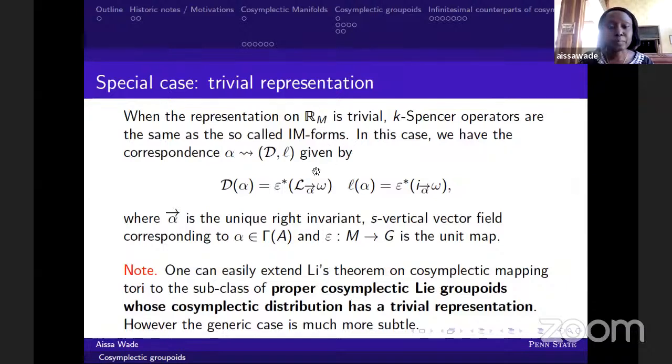So the correspondence is a one-to-one correspondence given by these equations here. So alpha is a section of A, and alpha with an arrow here is the corresponding right invariant vector field on my groupoid.